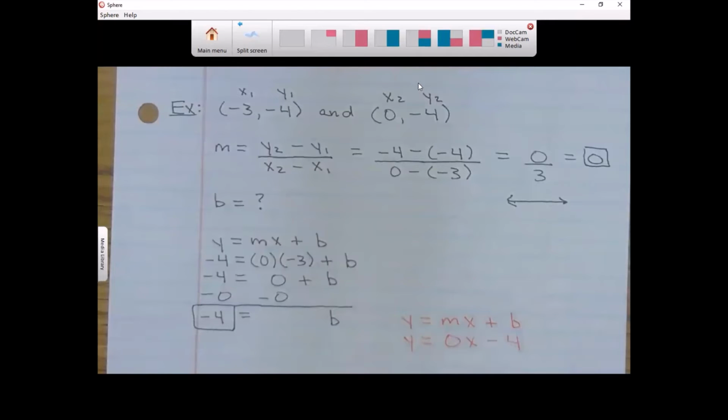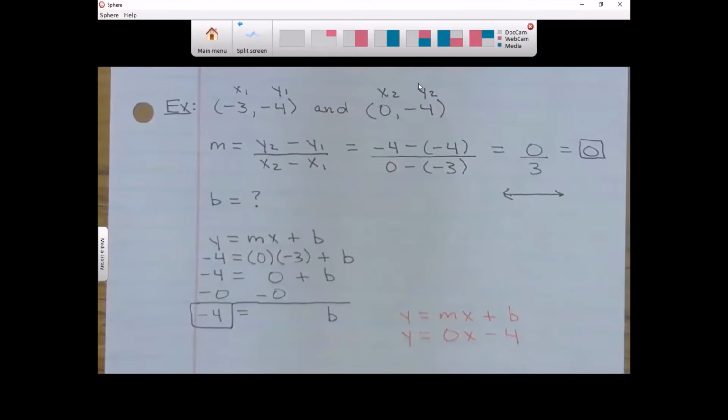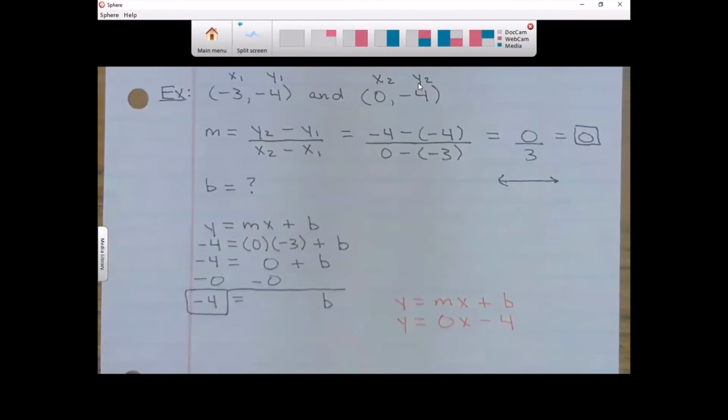So 0x minus 4. Okay. Now the last thing I'm going to do is, because I have 0x, I'm going to multiply 0 by x to get 0. So I still have 0 minus 4, but we know that 0 minus 4 is the same thing as -4. So this is going to be the final answer that I'm going to choose, y equals -4.